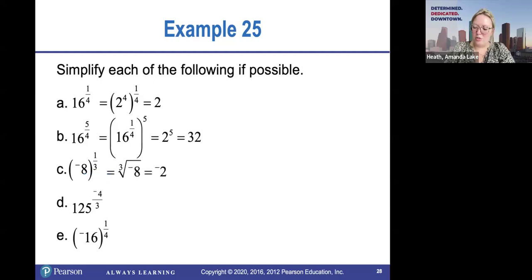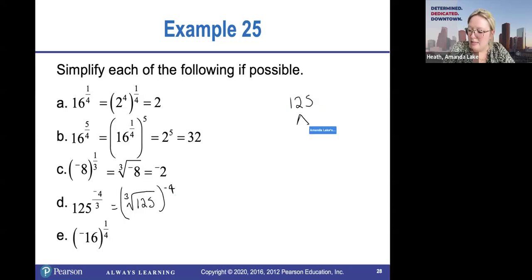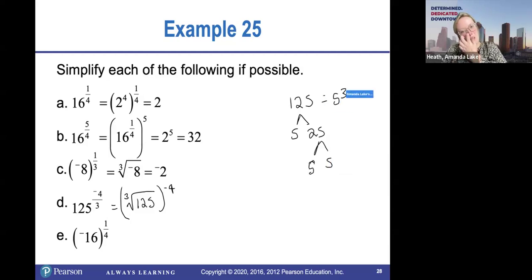And then 125 to the negative 4/3 power. This is going to be the cube root of 125 to the negative 4th power. 125 is 5 times 25, which is 5 times 5 times 5. So it's 5 cubed.